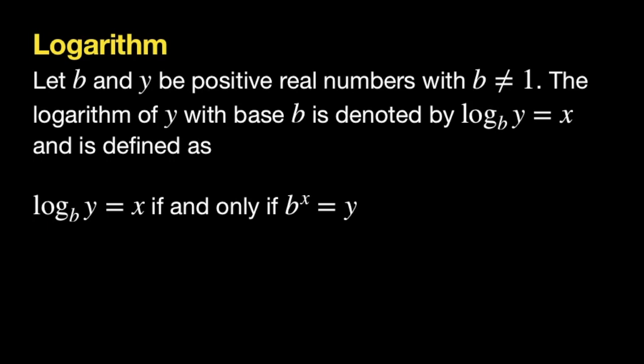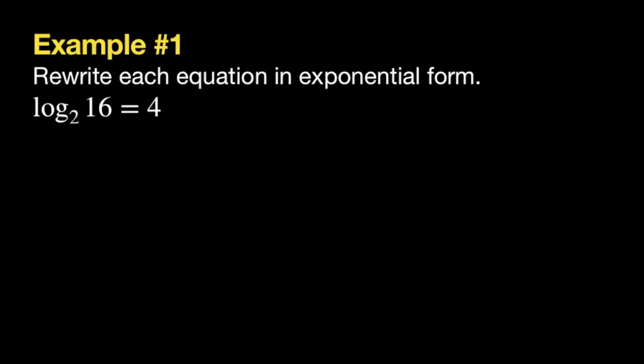So we have log base b of y is equal to x. That should be b to the x power is equal to y. So we're going to change this log form into an exponential function. So we're going to rewrite it, and we're going to say log base 2 of 16 is equal to 4.